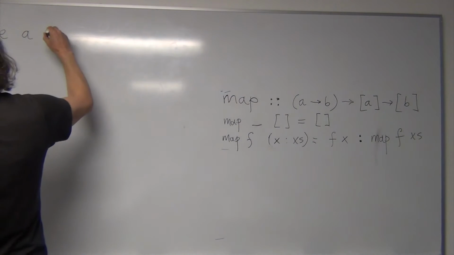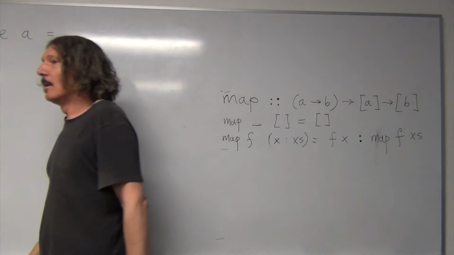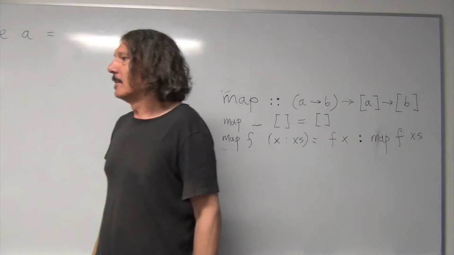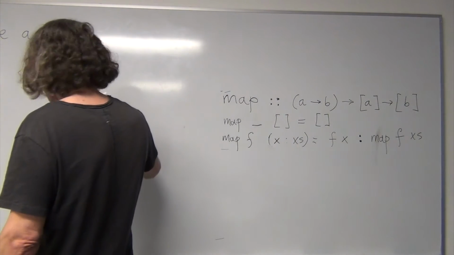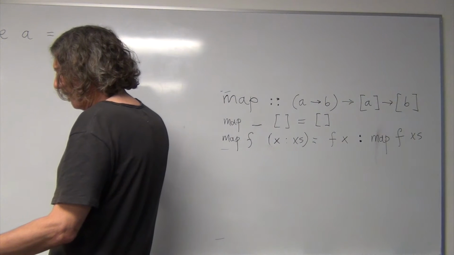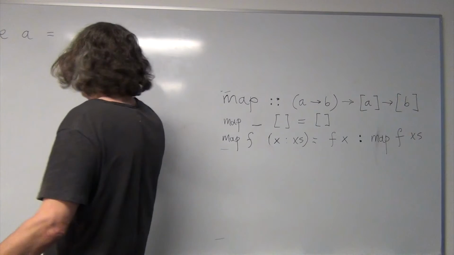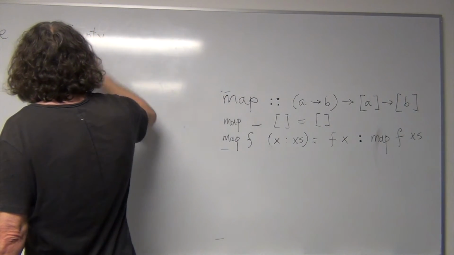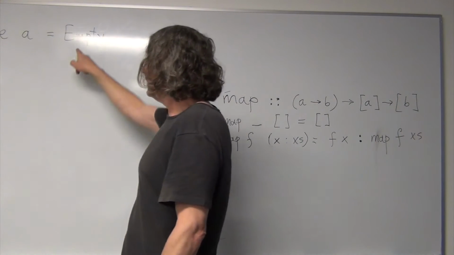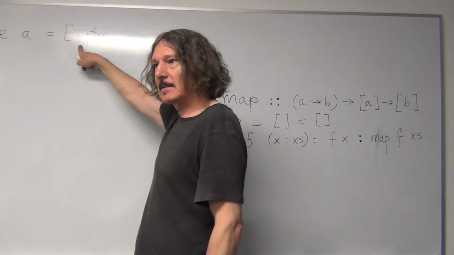Tree of A equals. And just like with a list, I have to have something that's empty. So what should I call it? How about Empty?